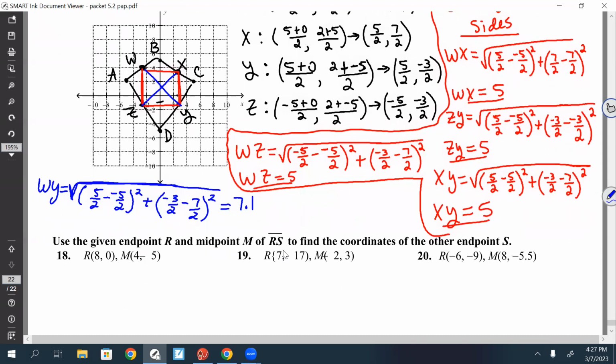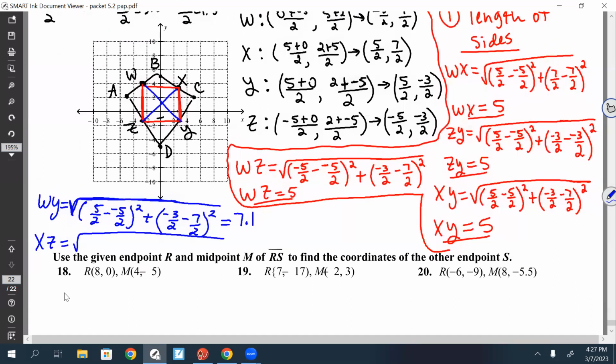And then now also do the length of XZ. So XZ, same process. So we have 5/2 or -5/2 minus 5/2 squared plus, and then do the Y's as well.